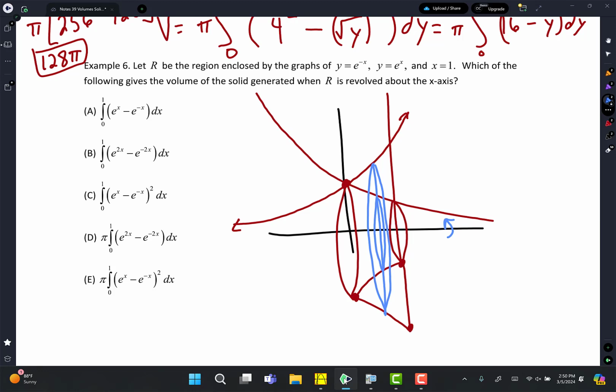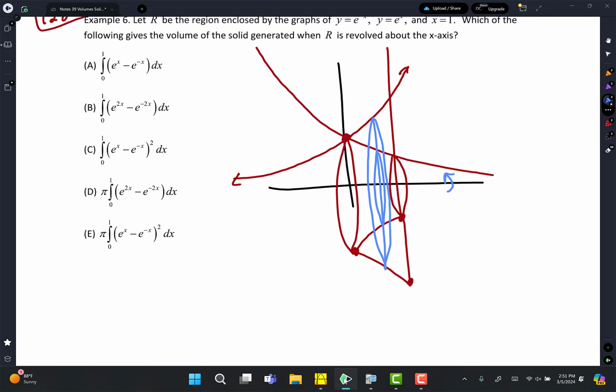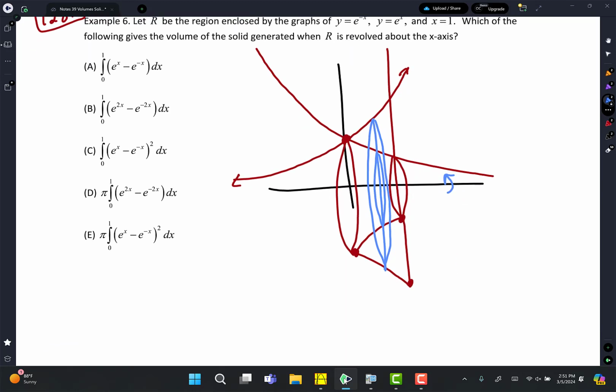But remember, the middle stuff is empty. It's the outside that is solid. So, would that be like a washer? It is a washer. Here we go.